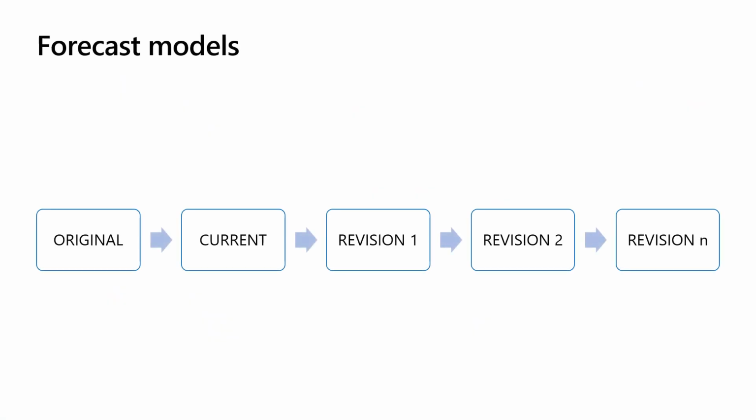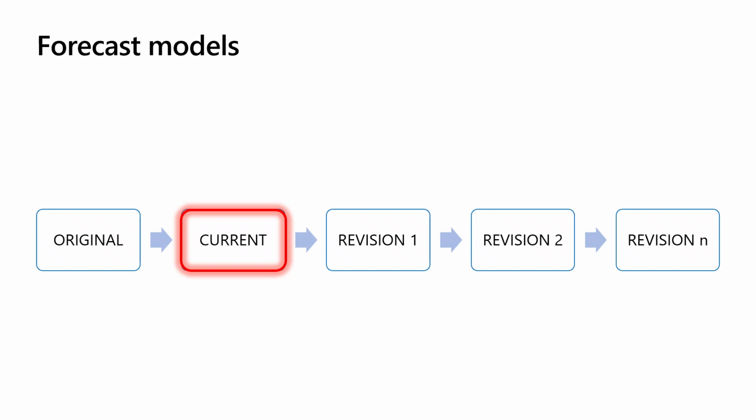Dynamics 365 Finance and Operations does not come with a prescriptive approach to forecasting models. In my experience, the approach I'm presenting here works for most companies. First, we enter the budget in the original forecast. To ensure we can always compare any forecast to the original forecast, we copy the original forecast to the current forecast.